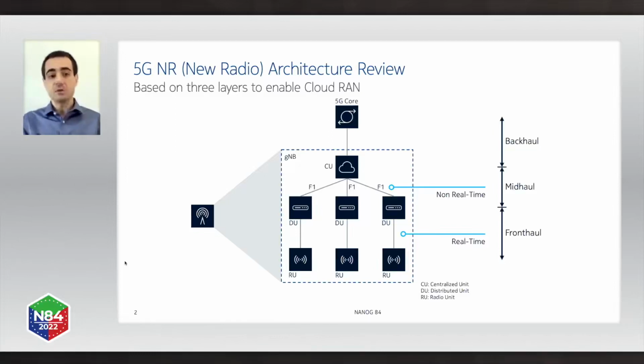That is from the radio all the way to the 5G core, so it is external to the radio. That still exists today. The differences in the intra-radio interfaces are related primarily to latency and bandwidth. The closer you get to the RU, the more bandwidth you need and the less latency you can tolerate.